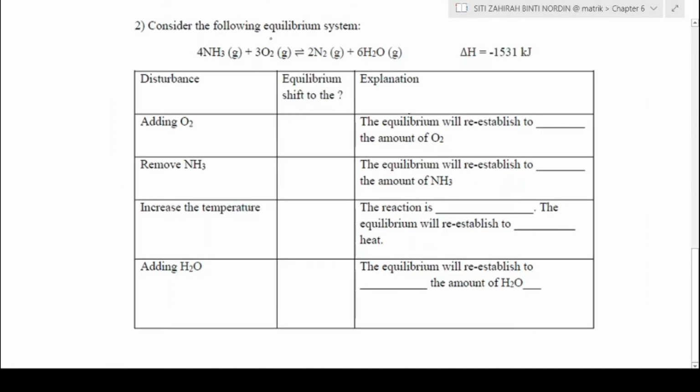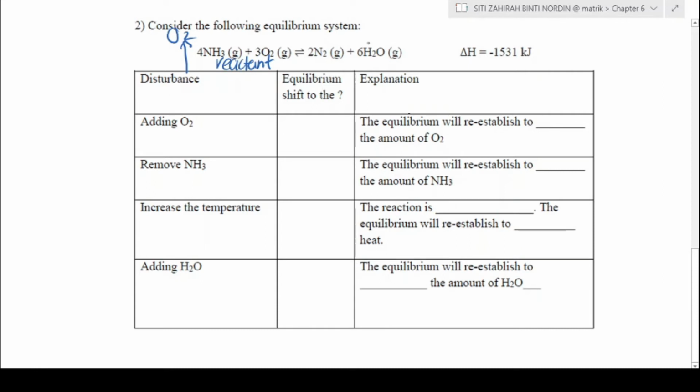So let's try our first equation. Let's say that I add oxygen. So we've got 3 moles of oxygen at the reactant side already, so the reactant has a lot of oxygen while the product has no oxygen.